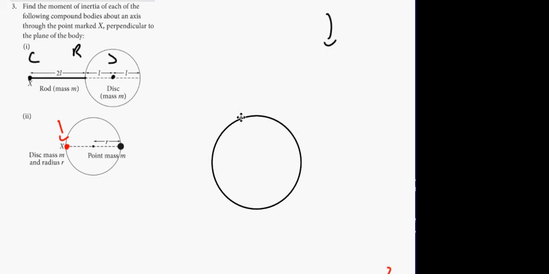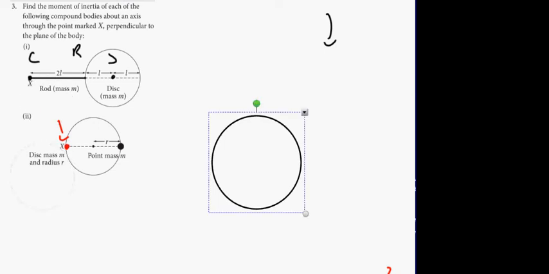It's basically rotating around this axis here. If I show you how it's going to rotate, it's rotating around like that, touching X every time. So it's basically rotating around X, sort of like a hula hoop. So that's what's going on there.